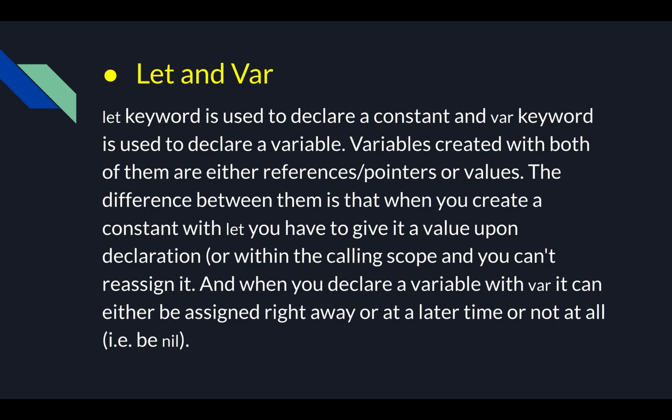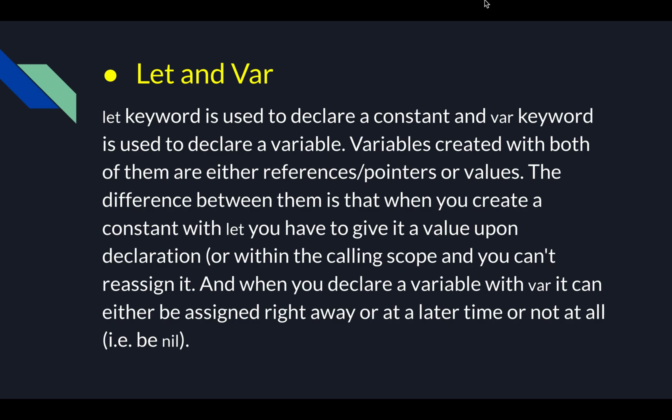And when you declare a variable with a var keyword, it can either be assigned right away or at a later time or not at all. So we have discussed that whenever we create a variable with a let keyword, we cannot change the value of the variable.